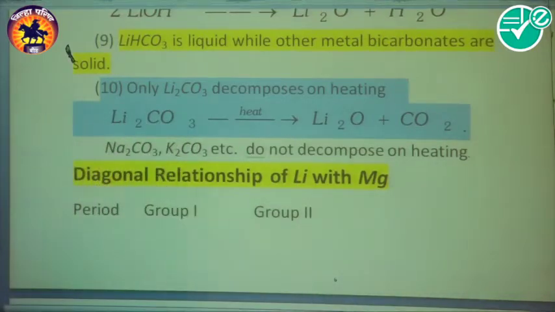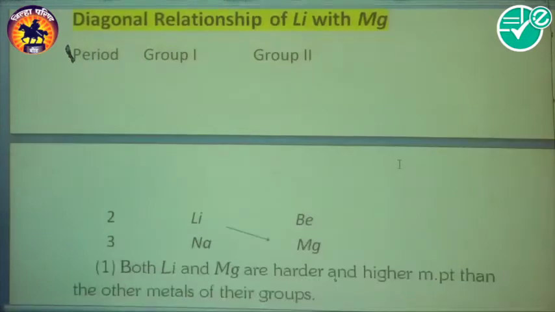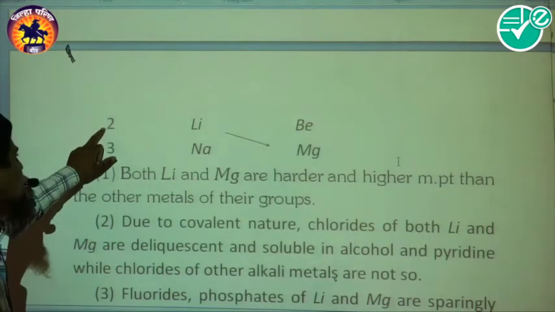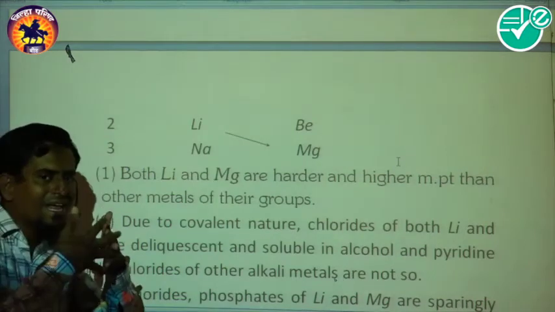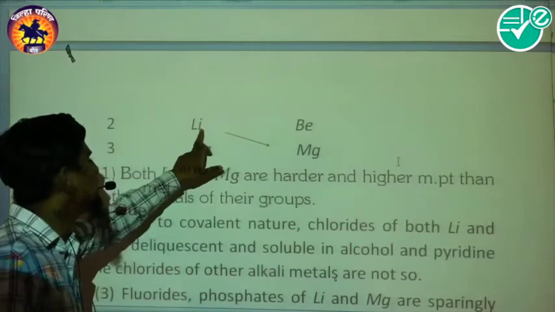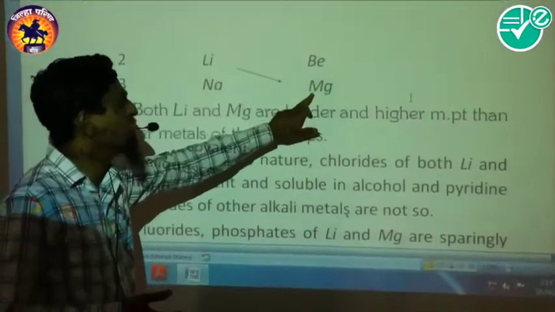Now come towards diagonal relationship. What is diagonal relationship? You already studied in the periodic table that elements of the second and third period show similarities between their properties diagonally. Lithium is diagonally related with magnesium.